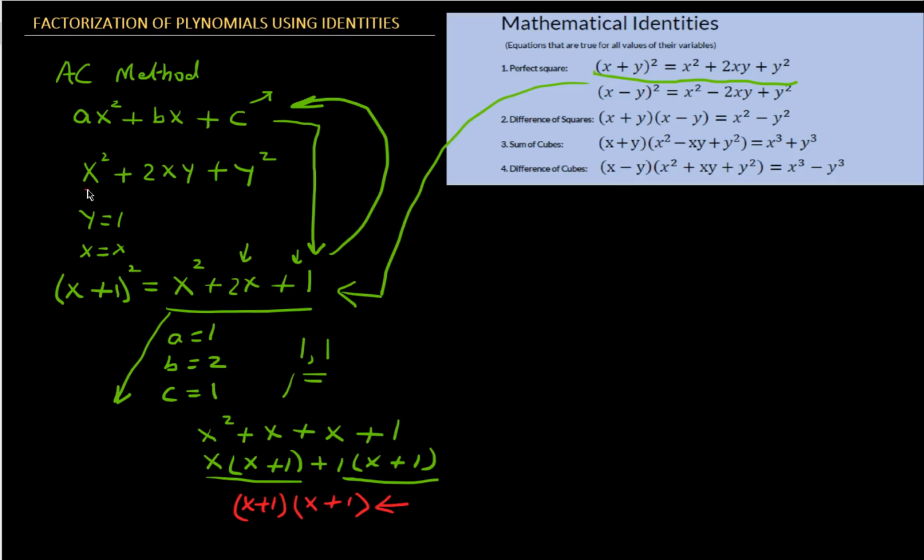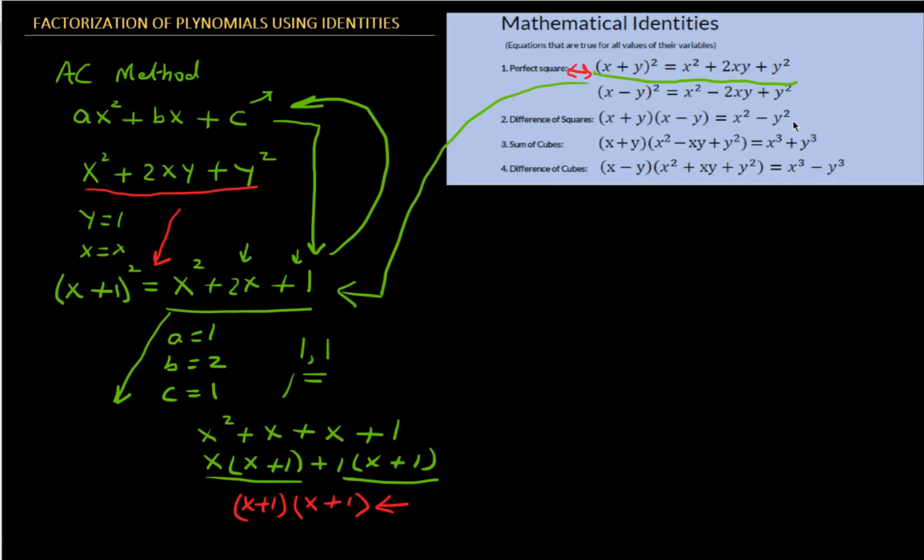You can transform this problem straight away into x plus 1 whole square using this identity, or you can use the AC method to solve the problem. But sometimes it's not possible to solve the problem in both ways, so you can only solve it in one of the ways.